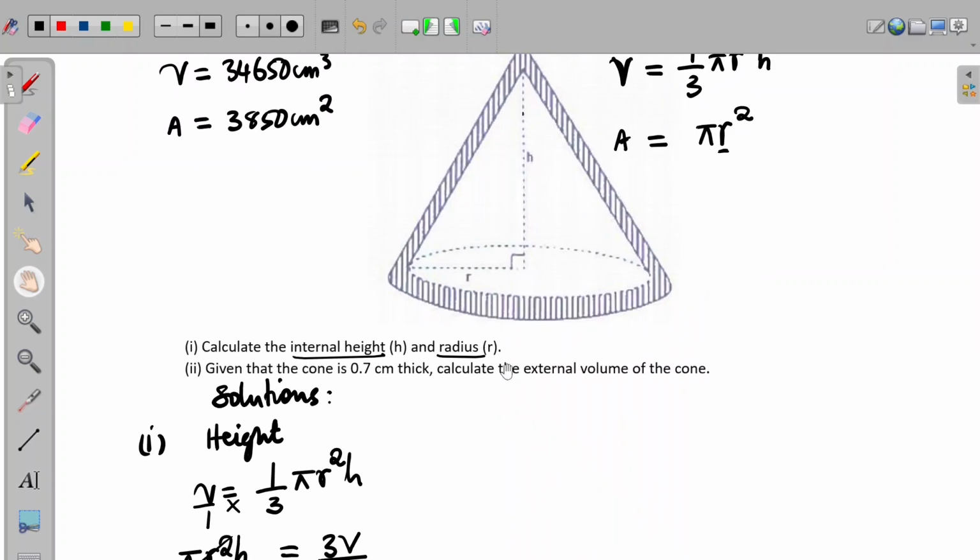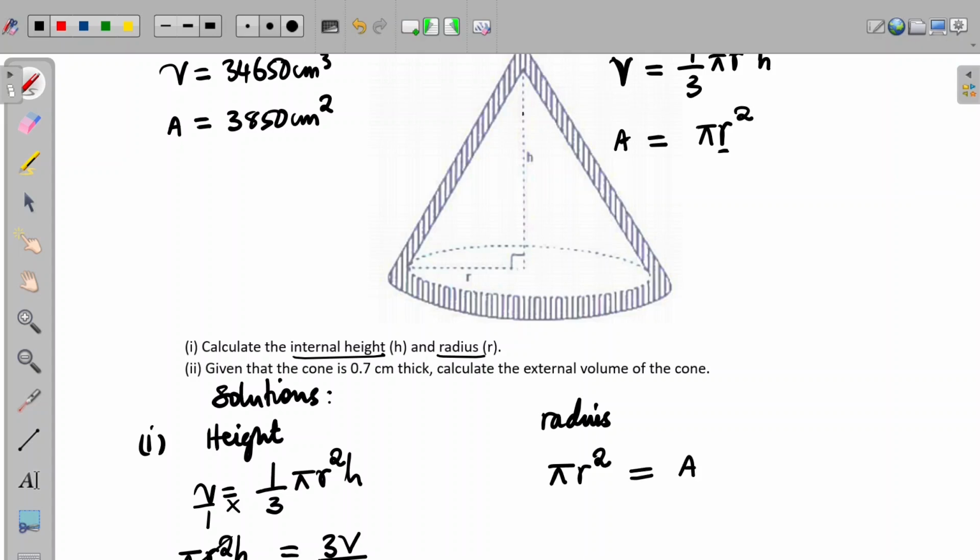Radius, this one here. Radius is directly related to area. So to find the radius, say pi r squared is equal to area.